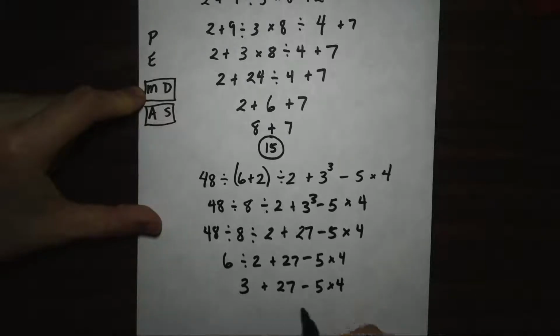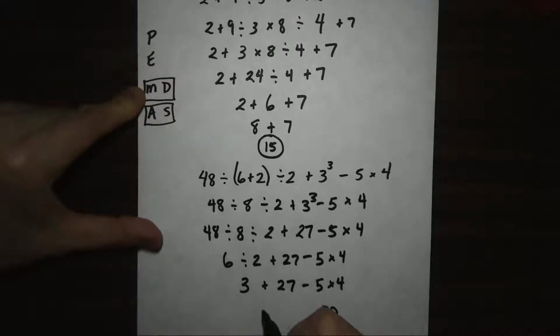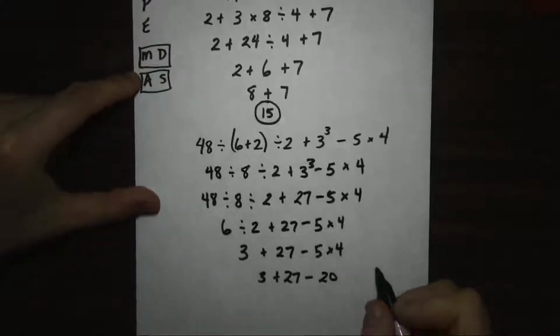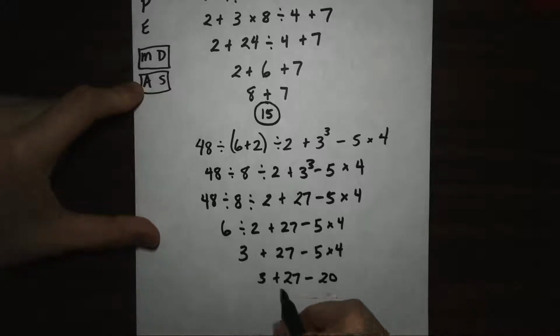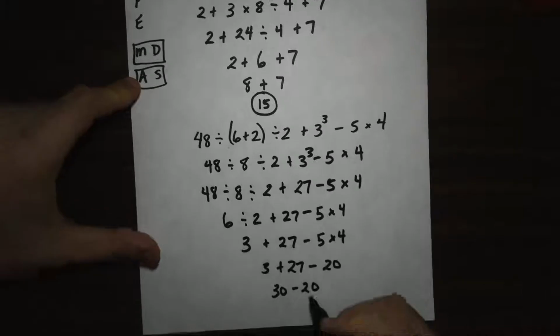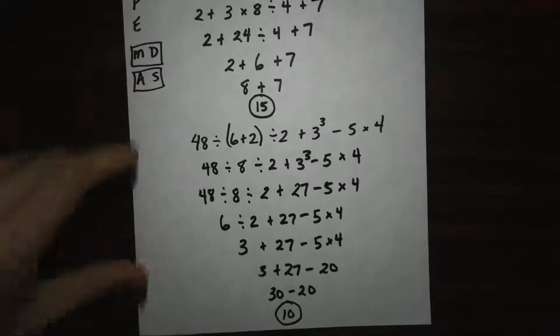Still looking for multiplication and division. There's one right here. I'm doing these in order from left to right. And now I'm to the point of addition and subtraction, and I'm going to do them in order from left to right. So 3 plus 27, and 30 minus 20 gives me an answer of 10.